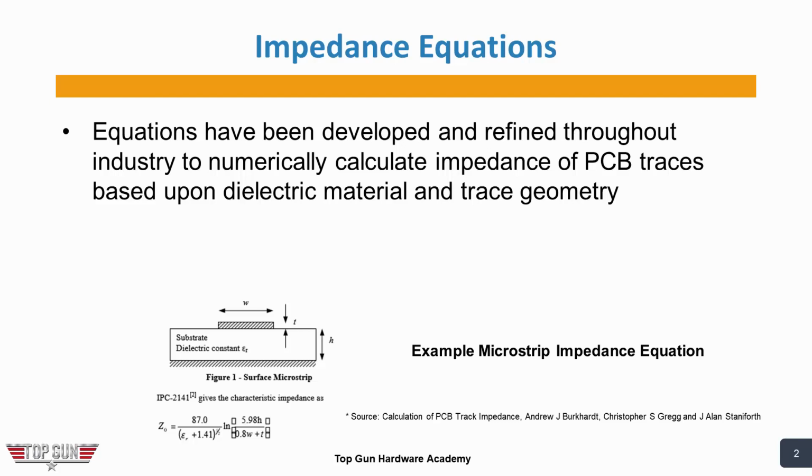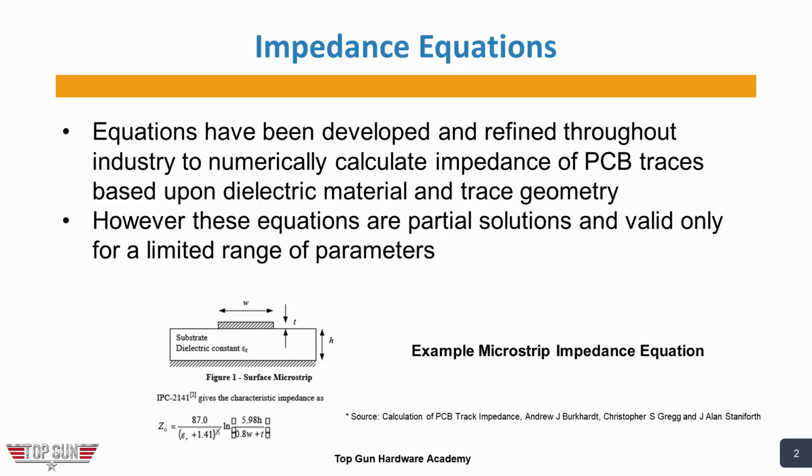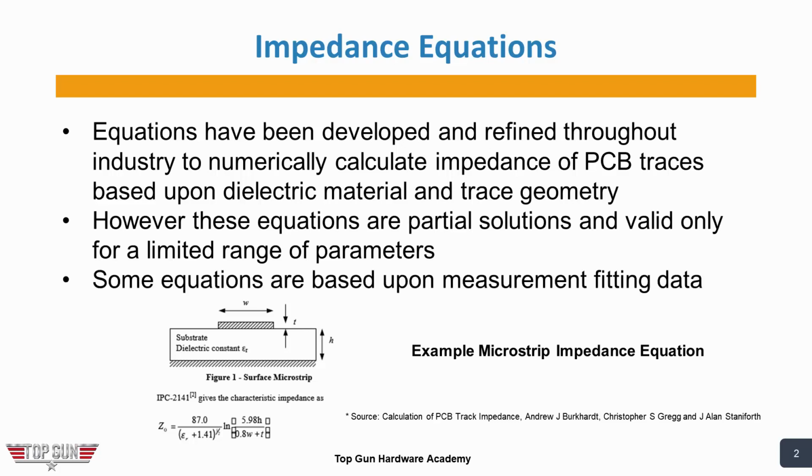For example, this could be a laminate made of FR4. However, these equations are partial solutions and valid only for a limited range of parameters. Some equations are based upon measurement fitting data. So these equations are useful to calculate PCB trace impedance, but there are accuracy issues.